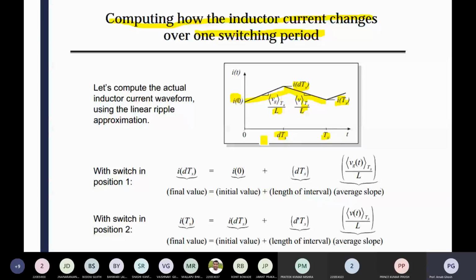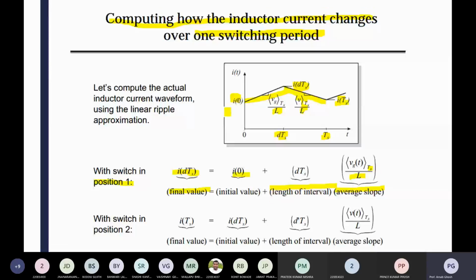For position 1, the value i(DTs), the final value, equals I0 plus the length of interval DTs into the average slope, which is Vg(t) divided by L.